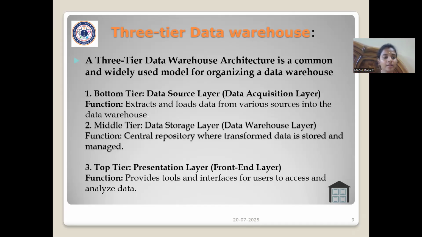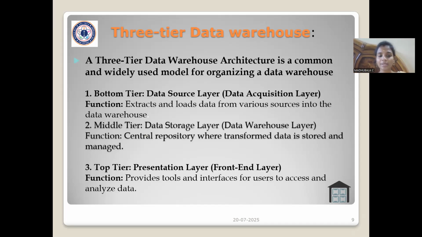Here, this bottom tier of data warehousing is called the data source layer, or the data acquisition layer. Acquisition layer means it extracts and loads the data from various sources into the data warehouse. This tier acts as the foundation, storing raw data extracted from various sources, like ERP, CRM, flat files, and external data sources.